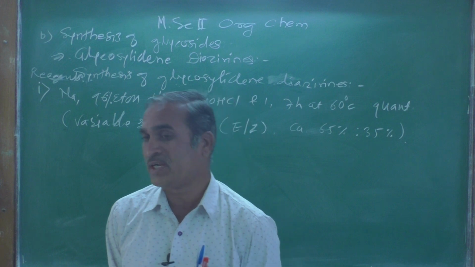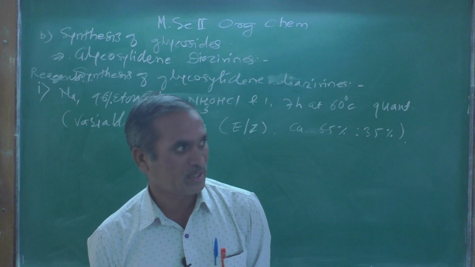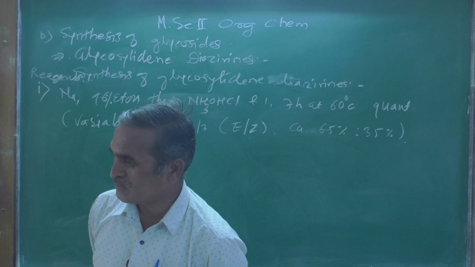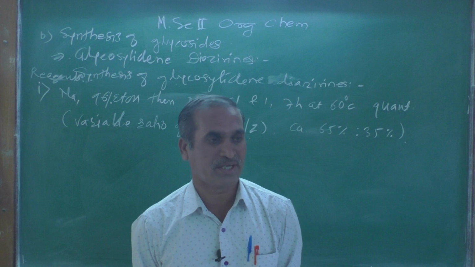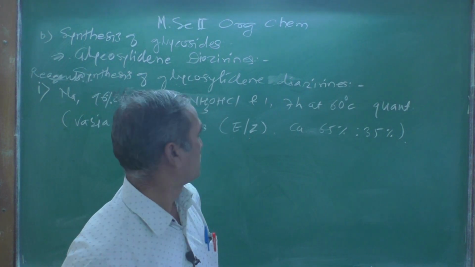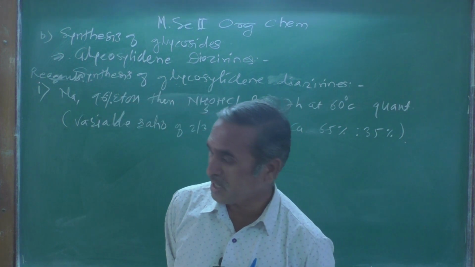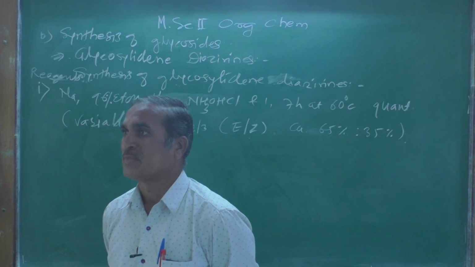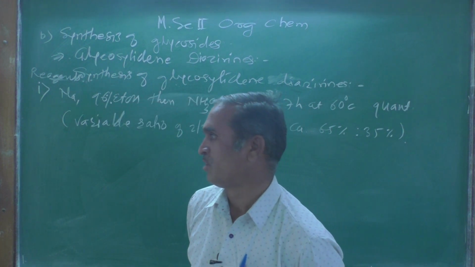To avoid that complication and to make the nomenclature system simpler, scientists invented a new system known as E and Z, which is based upon priority numbers, where priority numbers 1 and 2 are applied according to the sequence rule.